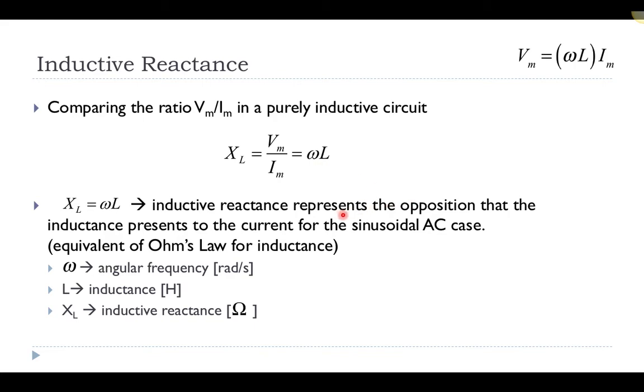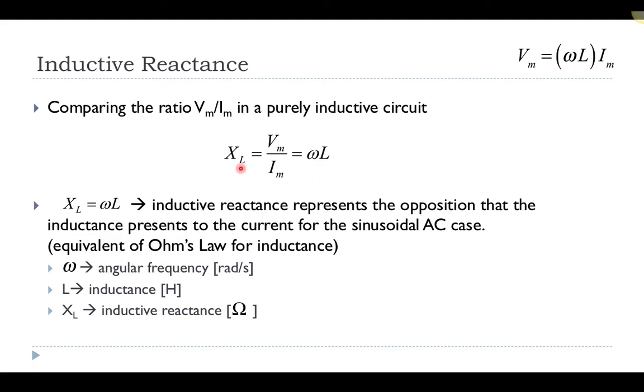It represents a measure of how much that particular component, along with the AC source running through it, opposes the current in the circuit. So the larger the inductive reactance, the more resistance to the flow of electricity there is in that component.